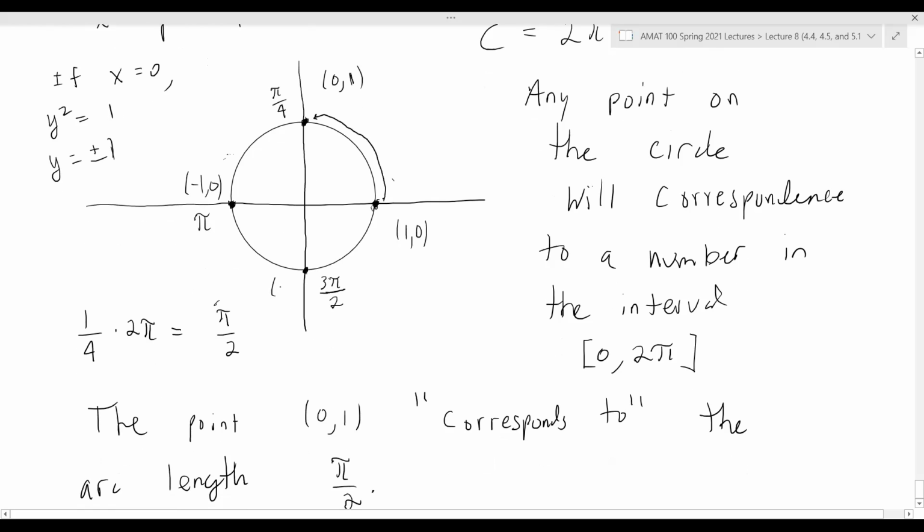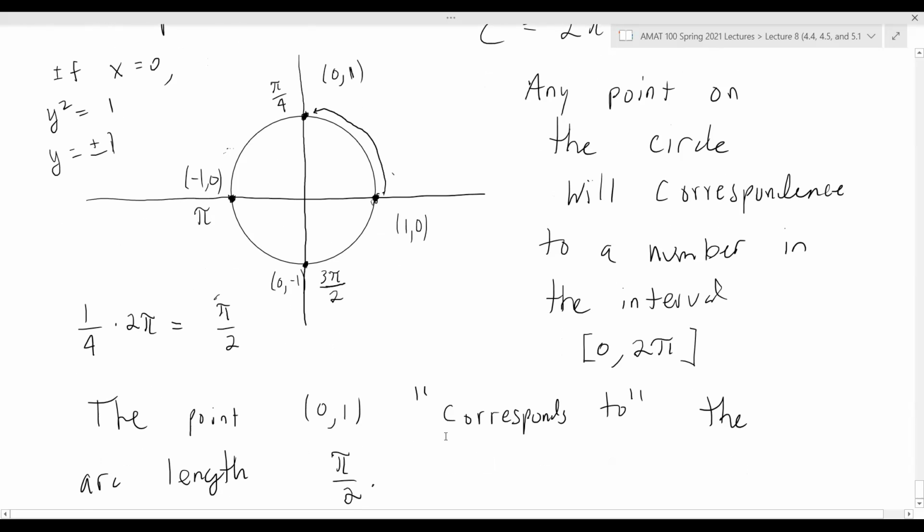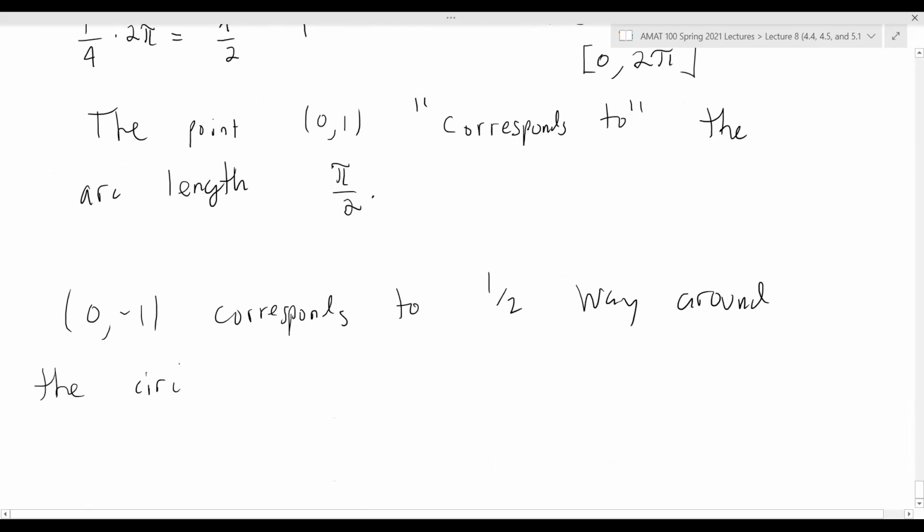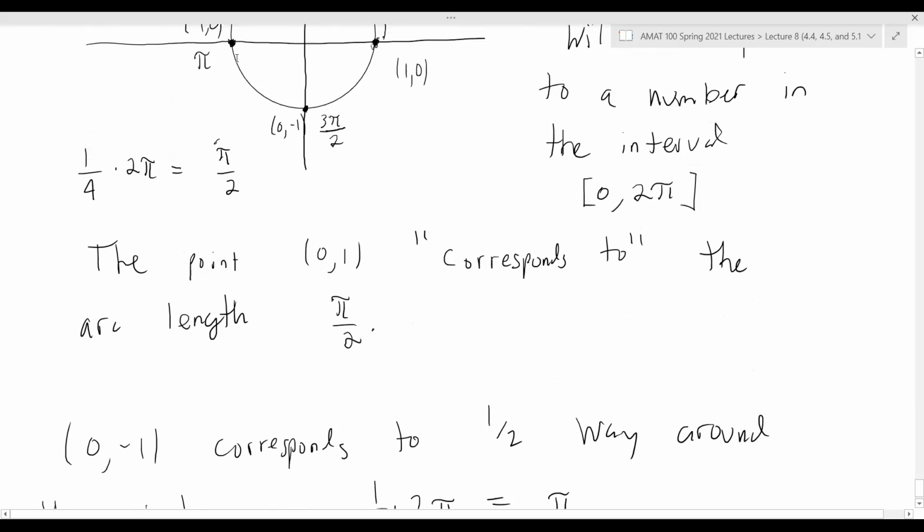So let me just show you how I got these numbers. (0, -1) corresponds to halfway around the circle. So the arc length is 1/2 times the total arc length, the circumference of the circle, so it's just pi. That's how I got pi for this point right here.